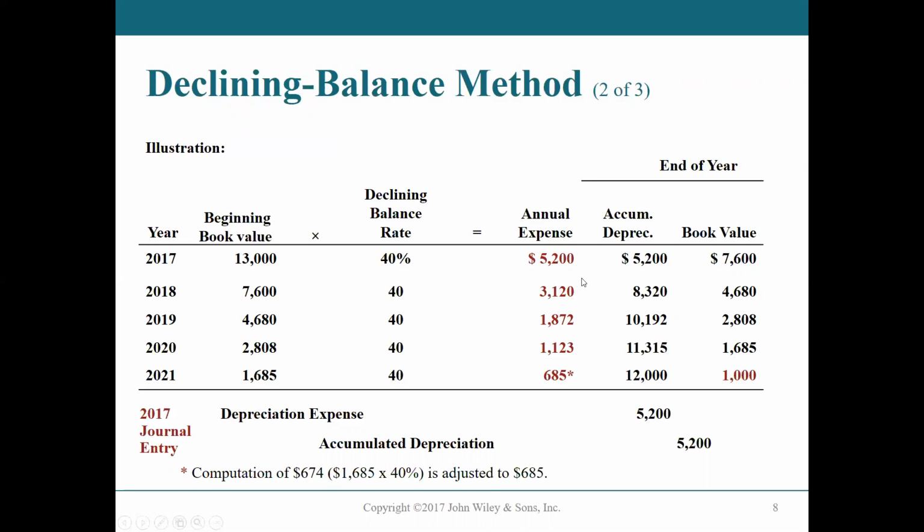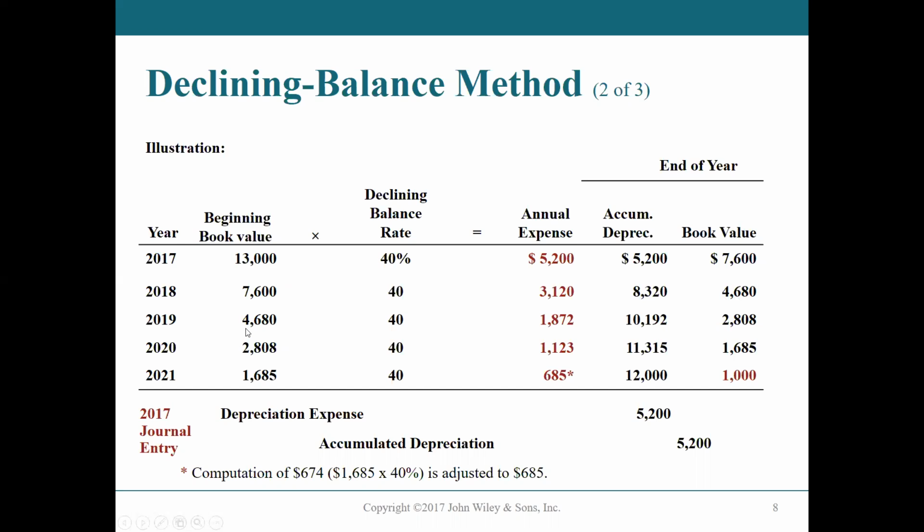What this does is it lets us take a bigger chunk of the depreciation expense in the first years, and then it declines over time. We add our accumulated depreciation from last year to the depreciation expense we took this year to give us our new accumulated depreciation. And then we subtract that from the original cost to give us the ending book value for that year, for 2018.